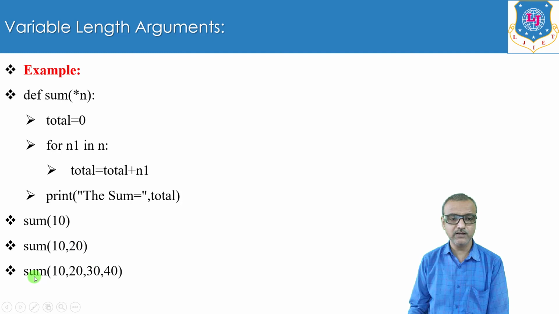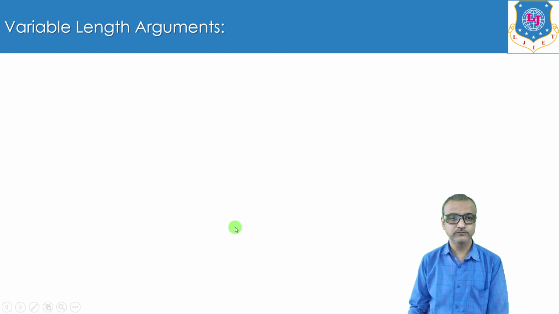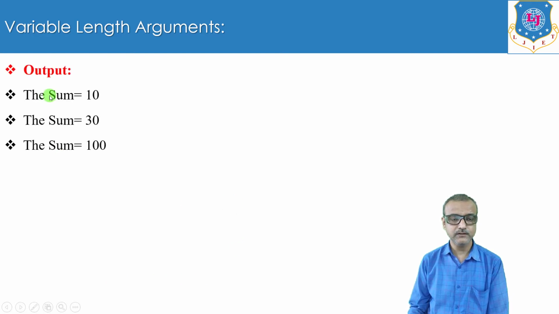But if I call this function as sum(10, 20, 30, 40), it will give me the sum of all these numbers: 10 plus 20 is 30, 30 plus 30 is 60, and finally 60 plus 40 is 100. So the output is: the sum equals 10, the sum equals 30, the sum equals 100.